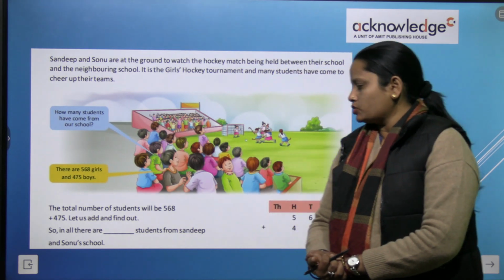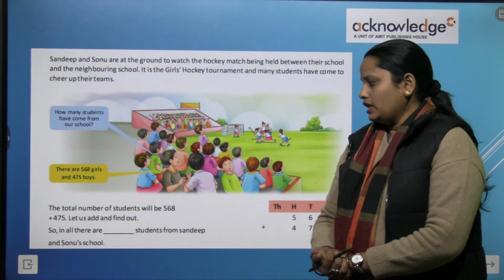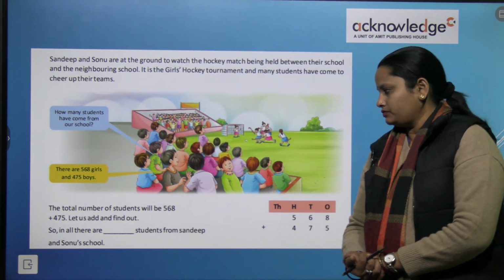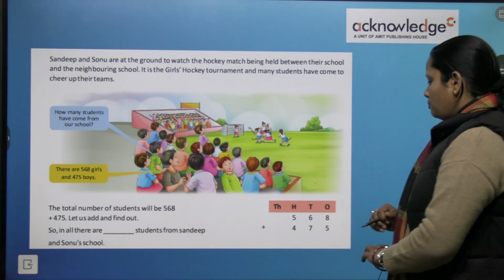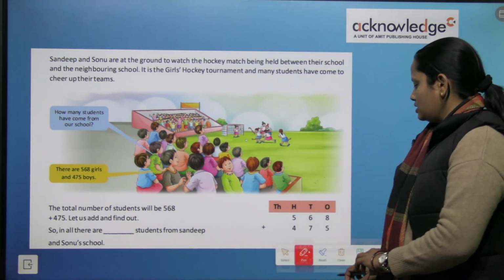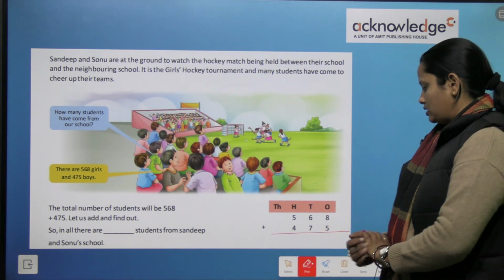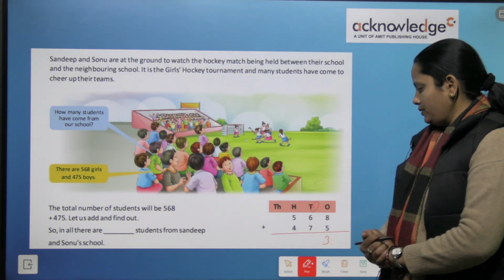The total number of students will be 568 plus 475. Let us add and find out. So here we have added 568 plus 475. Let's add it. So 5 plus 8, 13. 1 carry.